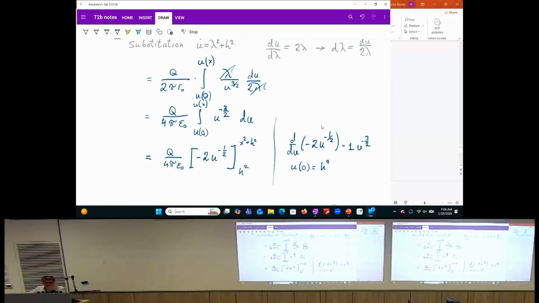We could have also picked s. So it is not any physical quantity, it's just a mathematical substitute. And when you put lambda equal to x, then you get x square plus h square.